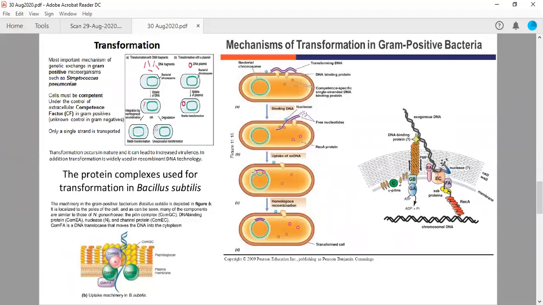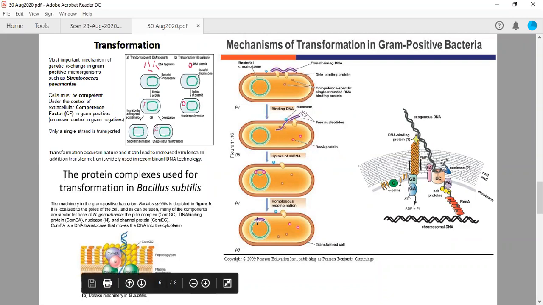Finally, it will undergo a homologous recombination process and be integrated into the bacterial chromosome. Then we get a double copy after replication. So this is called a transformed cell if it is successfully integrated into the bacterial chromosome.